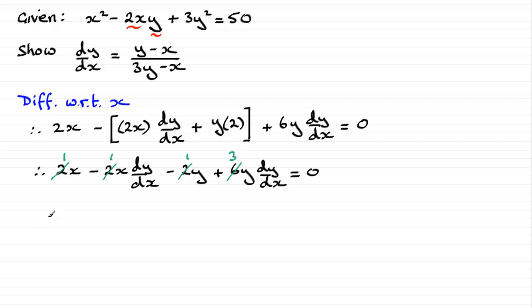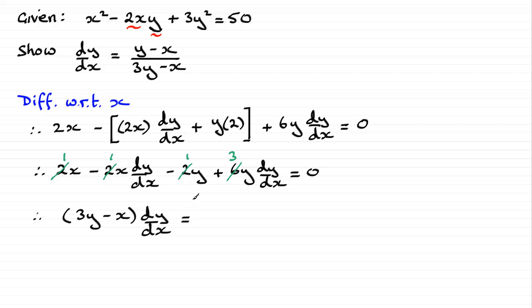I need to group up my dy by dx terms, and by factorising I can see that we've got 3y minus x, all multiplied with the dy by dx. When you're doing implicit differentiation and grouping up terms like this, always write the dy by dx not at the front of the bracket but at the end. So we have 3y minus x, and then the dy by dx there.